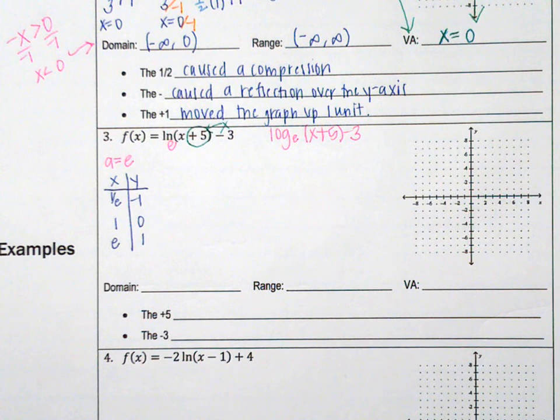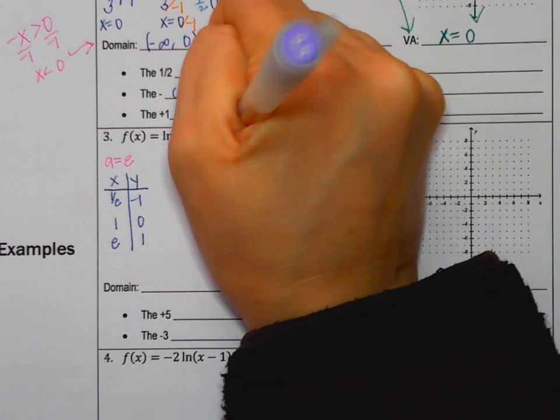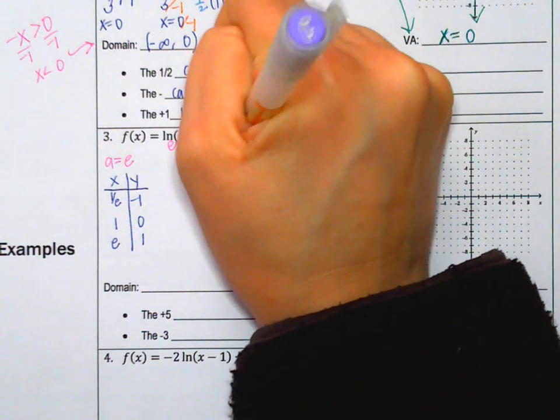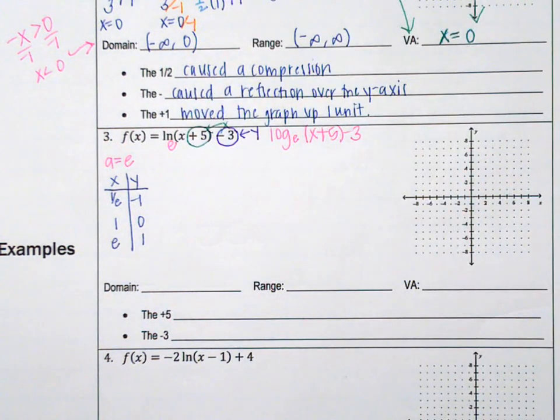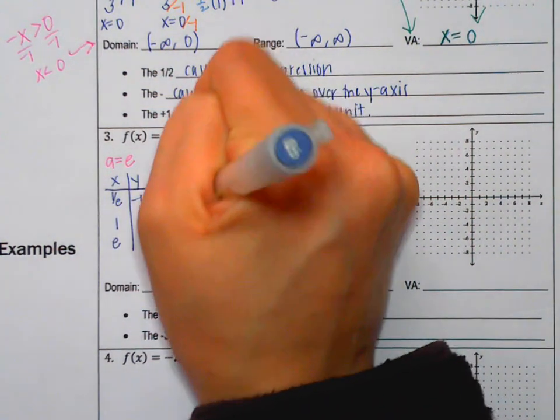The -3 is outside the parentheses, so it's a change to y. And so I'm just going to apply those transformations to my parent function.